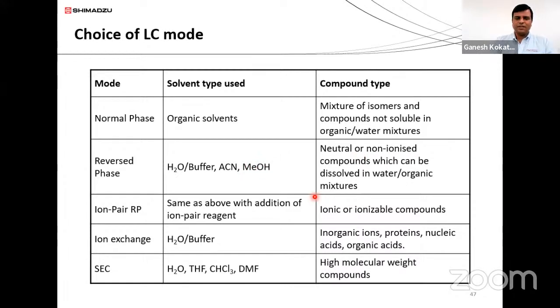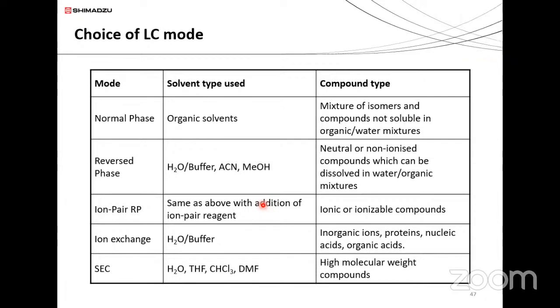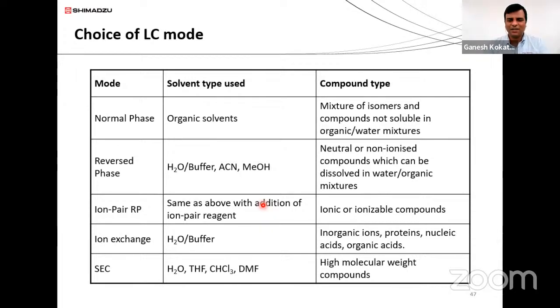In reverse phase as well, there are two types of chromatography: one for highly polar moieties and one toward the non-polar moieties. If I want to separate a polar moiety, but it's not possible because of the pK value of the compound, then, well, today I'm not going to ask any question on pK value, because pK value starts from standard 11th or 12th. Everybody is aware that pK value plays a huge role in the selection of the pH of a mobile phase.